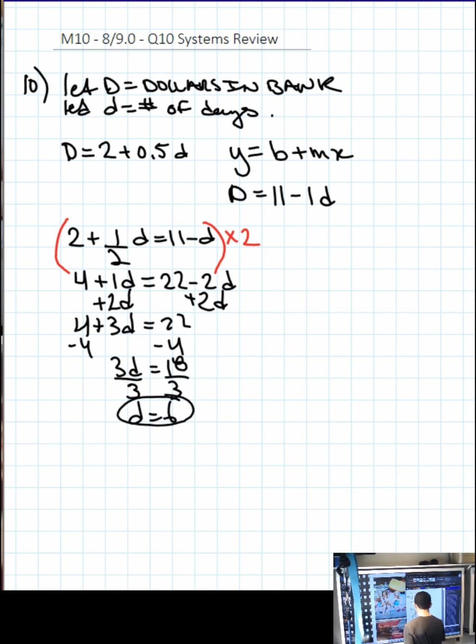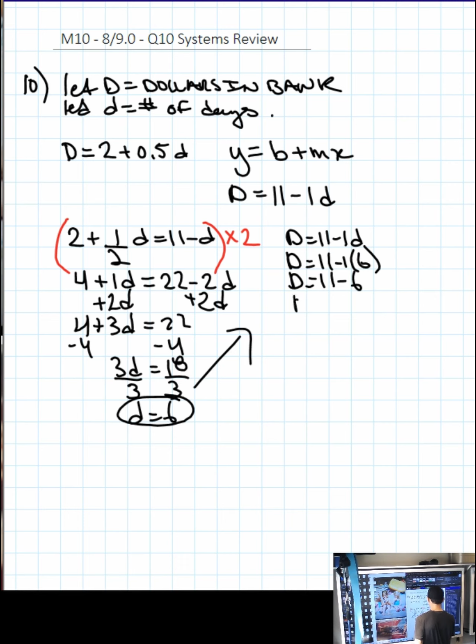Circle our answer. Take the easier of the two equations. This one's right here. I'm just going to rewrite it and substitute in for lowercase d that we just figured out to find that capital D equals 11 minus 1 times 6 is 6. 11 minus 6 will be 5. Circle your answer.